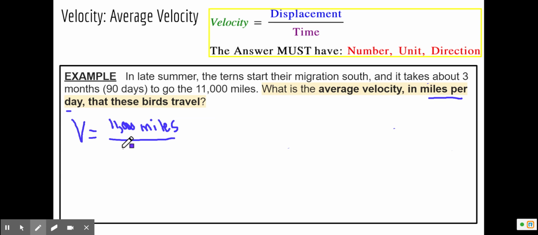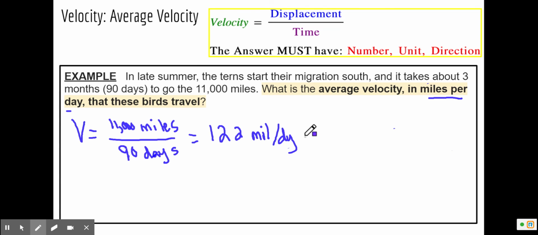So we need to put the number of days in the denominator, 90 days. When we divide 11,000 by 90, we get 122 miles per day.